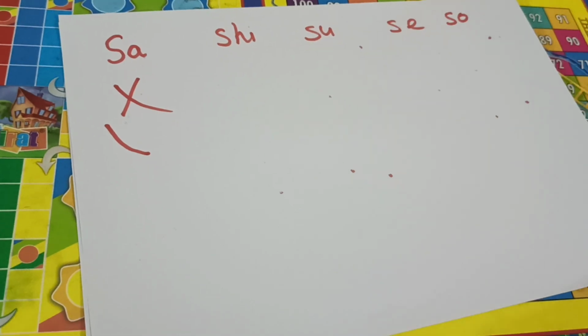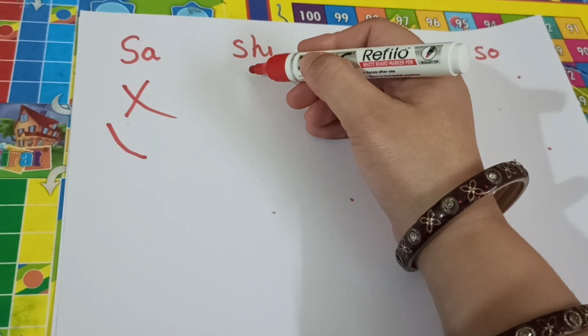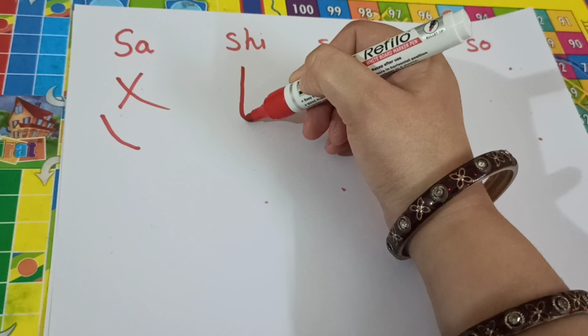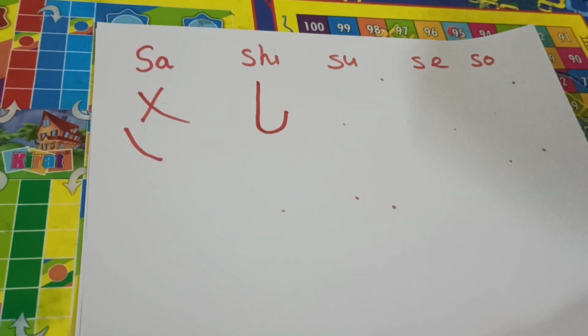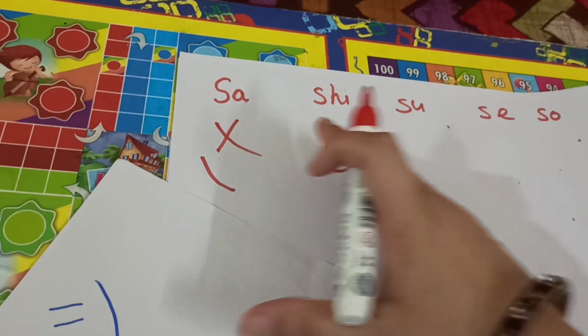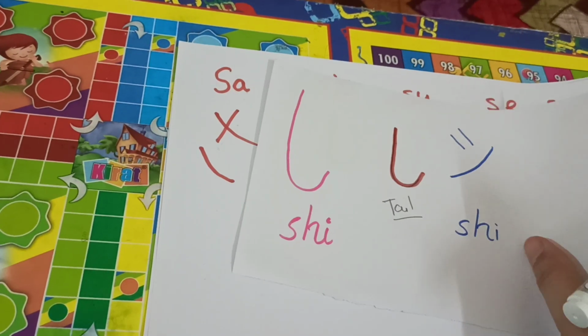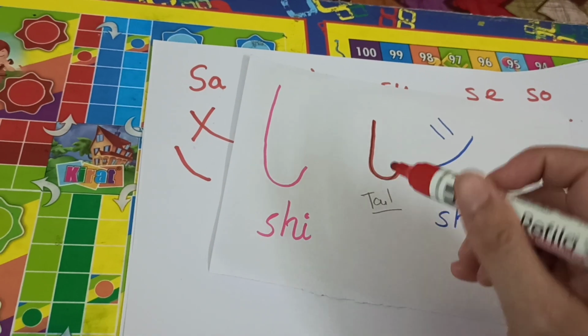Sa. Next one is Shi. Shi is like a tail.